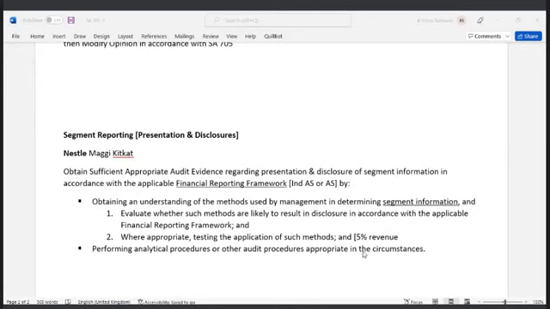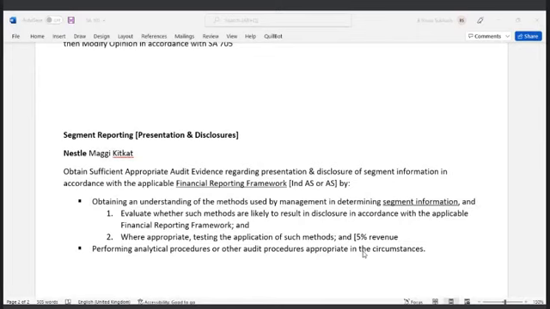We need to make one analysis. And finally, perform analytical procedures or other audit procedures appropriate in the circumstances. So wherever required, you do your own analytical analysis and see if it is required to be considered.